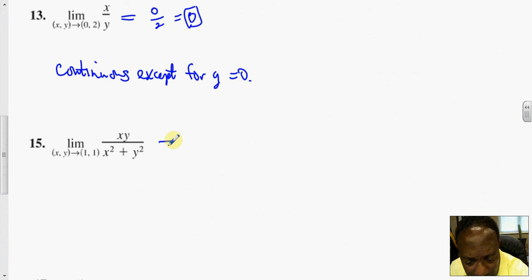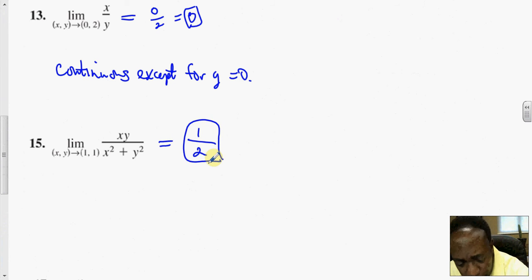Again, we can plug this in. This becomes 1 all over 2 for the limit. And this function is continuous except at the origin, where if x is 0 and y is 0 at the same time, we have discontinuity.